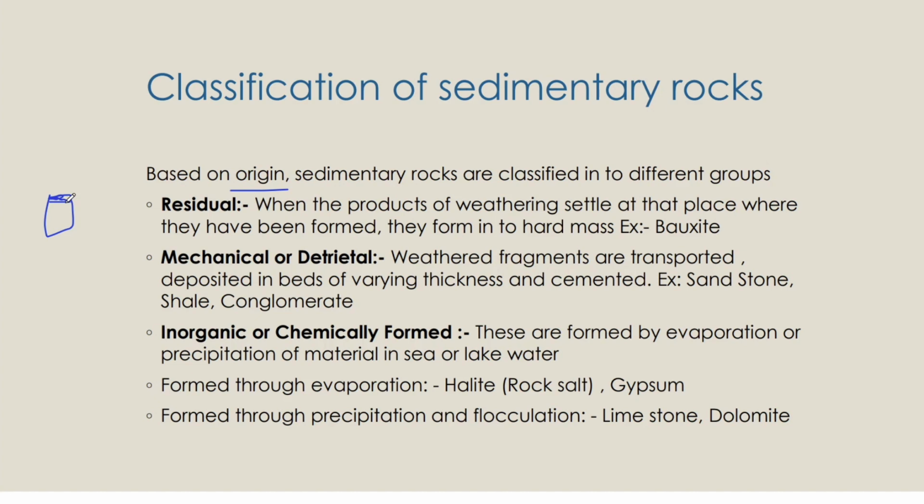Then the rock that will be formed in that area will be called residual rock. An example is bauxite. After that we have mechanical or detrital. Weathered fragments are transported, deposited in beds of varying thickness and cemented.